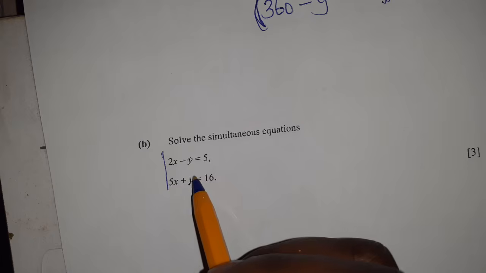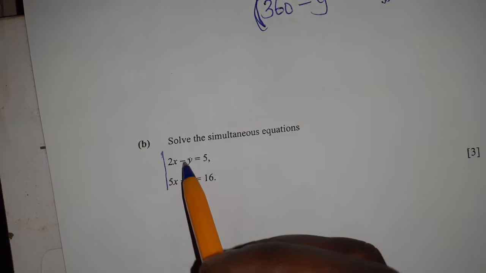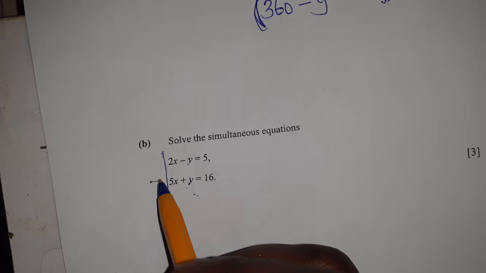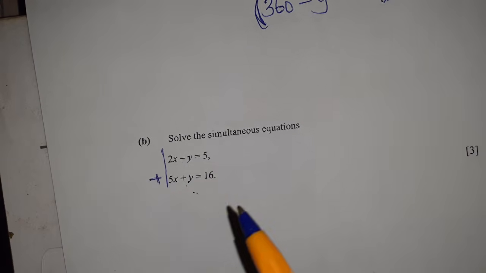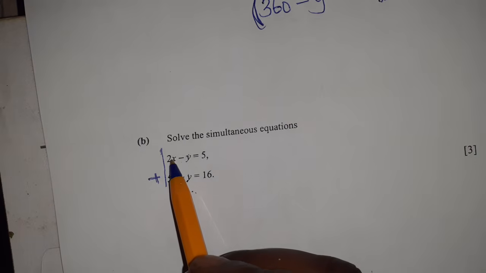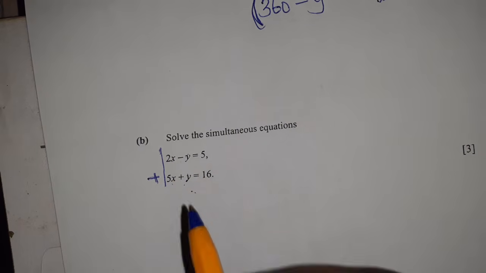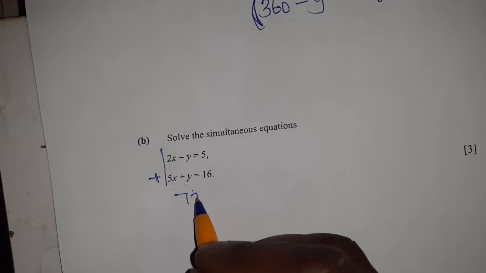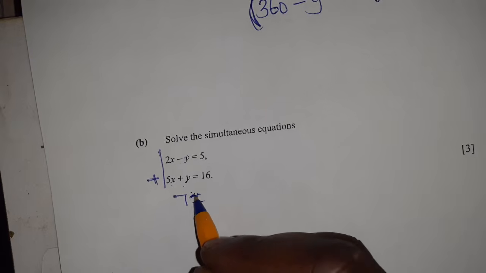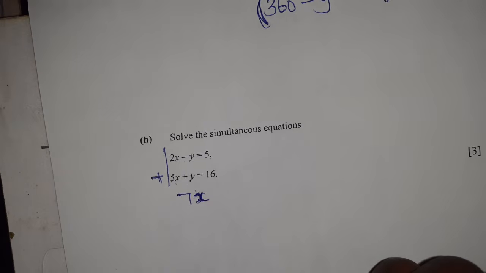Now, how do you eliminate? When the signs are different, to eliminate, you add. So when we add 2x plus 5x, we get 7x.